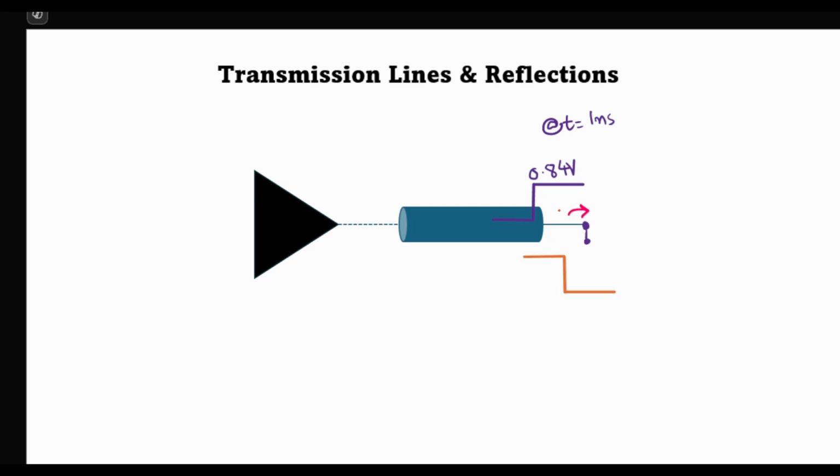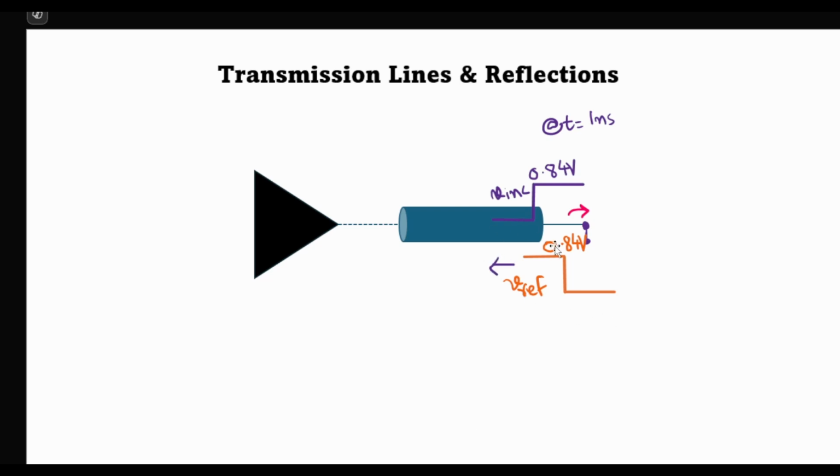So this 0.84 volt pulse will be reflected back onto the transmission line, which we will call V reflected. So this one here was the incident voltage onto the transmission line, 0.84 volt, and now we have another reflected voltage of 0.84 volt, which will travel in the opposite direction.